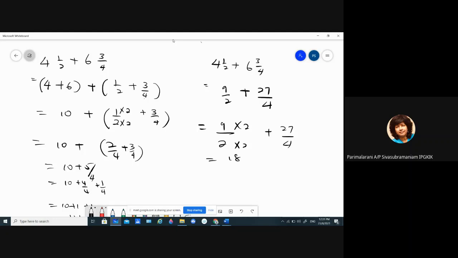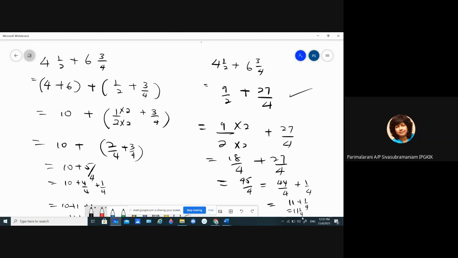This is 18 over 4 plus 27 over 4, which is 45 over 4. 45 over 4 is also equivalent to 44 over 4 plus 1 over 4. This is 11 plus 1 over 4, which is 11 1 over 4.